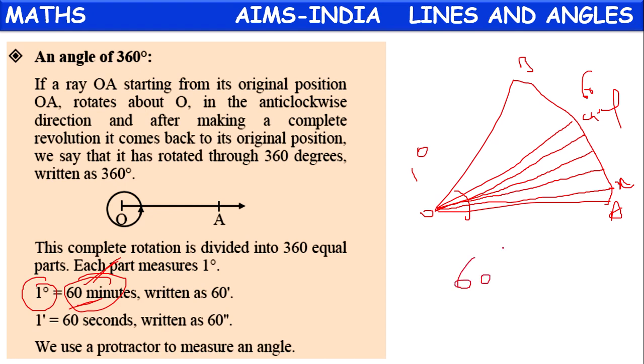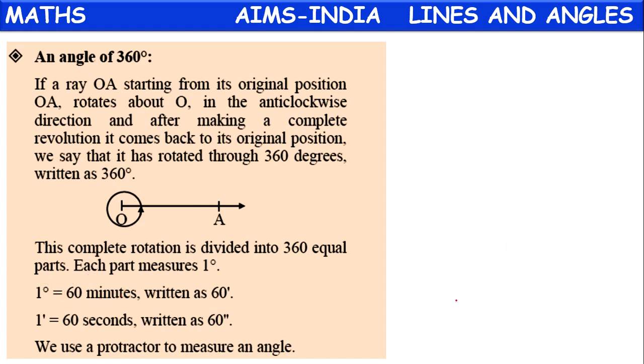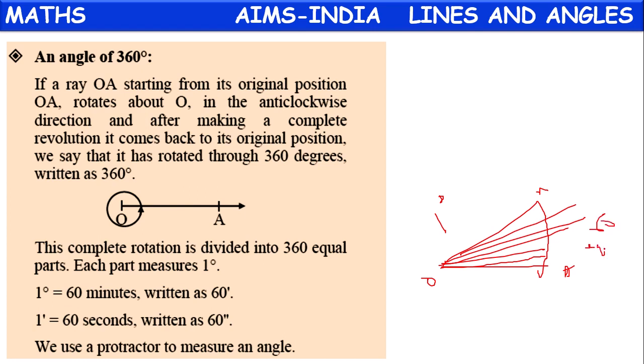So 60, in the exponent part we can keep one line which stands for minute, like an apostrophe, single quote, 60 minutes. Again, suppose this AOX is 1 minute, and if it is again made into 60 equal parts, then each part will be considered as a second.